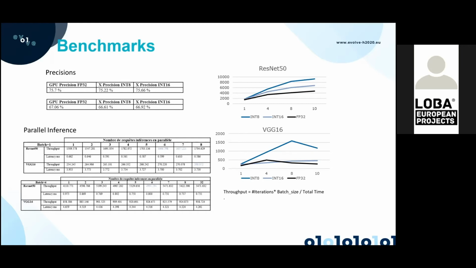But you can see that the variations of those curves are quite different from one to another, and there are some kinds of inflections when we perform the inference on different sizes of batch. On the x-axis is the size of the batch, and you see that there is some kind of change in the evolution according to the size of the batch.